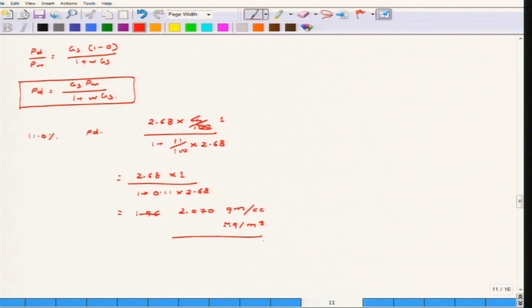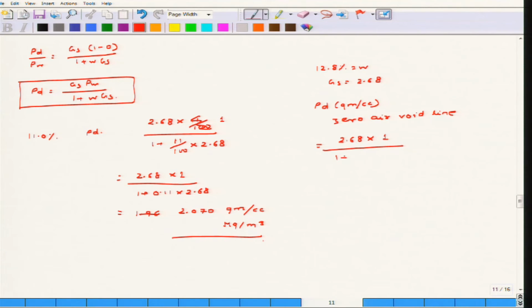Similarly, for another calculation, if it is 12.8% moisture content, w is 12.8%, Gs is again 2.68, then rho d in gram per cc for the zero air void line would be equivalent to 2.68 into 1, because the density of water is 1 gram per cc, divided by 1 plus 12.8 by 100 into 2.68.